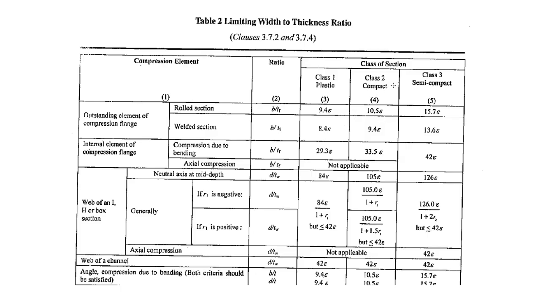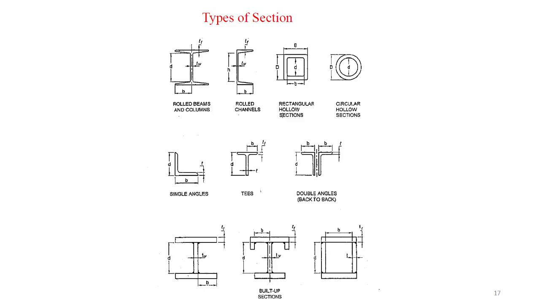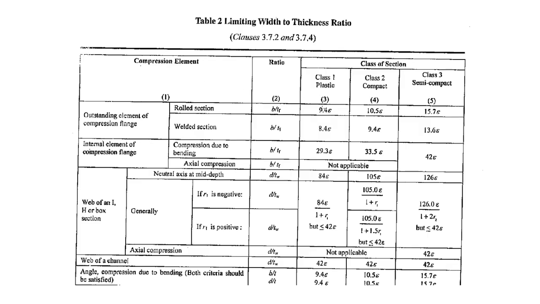We classify these sections into different classes: whether it is a plastic section, a compact section, or a semi-compact section. Depending on these conditions, we classify these classes. Here we assume the width of the section; b is this value for the I section, and the thickness of the flange is tf. If the ratio is less than or equal to 9.4 epsilon, then we assume the section is a plastic section.